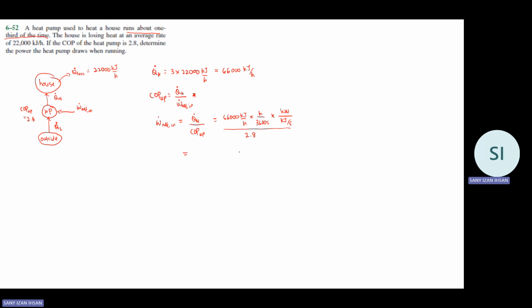So if you solve this, the answer becomes 6.55 kilowatt, meaning that the heat pump requires work of 6.55 kilowatt so that the pump will run 1/3 of the time to cater for the total loss during the situation there.